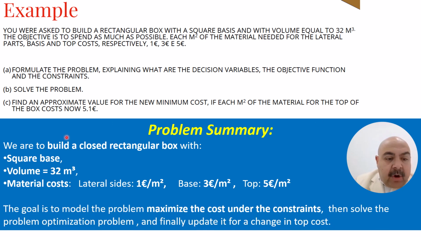Number four, the goal, what we are searching for, is to try to optimize the cost under the constraint that the volume must be satisfied. Then we will solve this optimization problem and find the effect of just increasing the price of one of the parts of this problem.